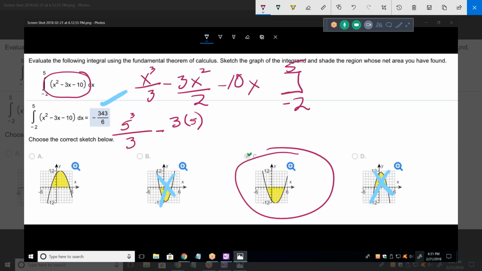I'll show you what I mean. I'm not doing anything in my head. It's too easy to make a mistake. Okay, now I'm going to subtract. Always use brackets because you're always subtracting. So whatever goes in these brackets has to be subtracted from the first part. Okay, now I'm going to put in -2, cube it.